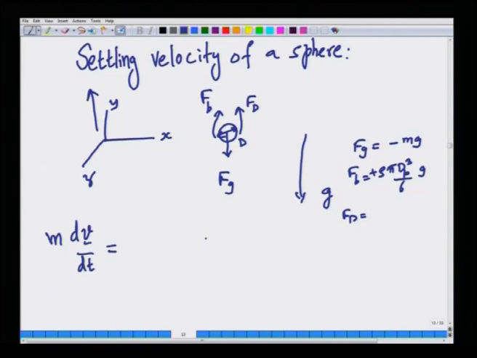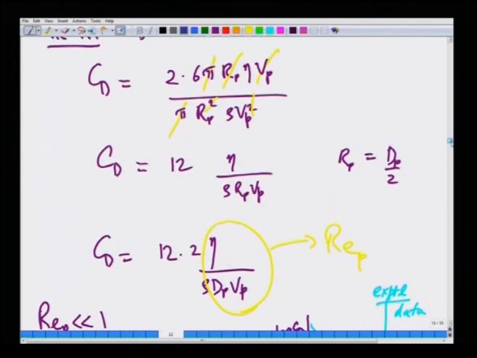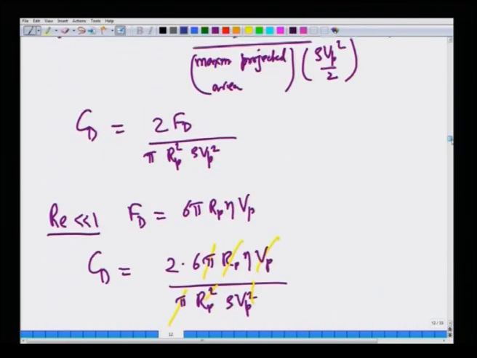The drag coefficient is defined in the following way. Let us look at the definition of the drag coefficient here. From here we can back out a drag force, which is nothing but pi Rp squared rho Vp squared by 2.